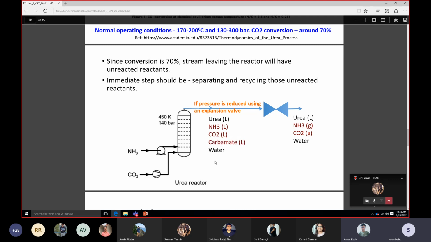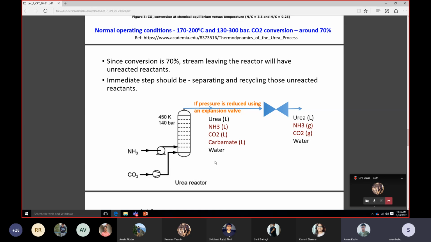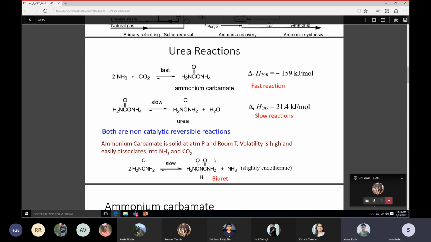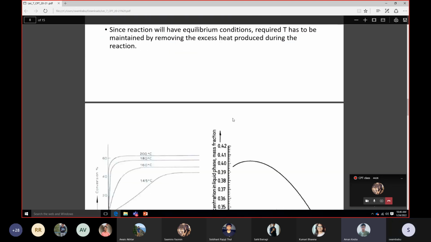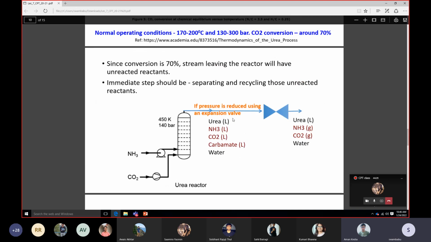These four components will be there in the stream leaving the urea reactor: unreacted ammonia and unreacted CO2, both in liquid phase, unreacted ammonium carbonate, urea, and water.